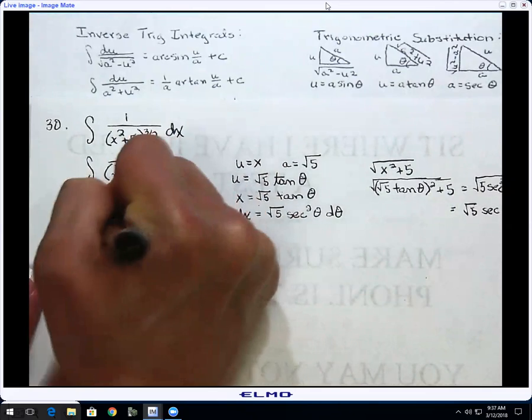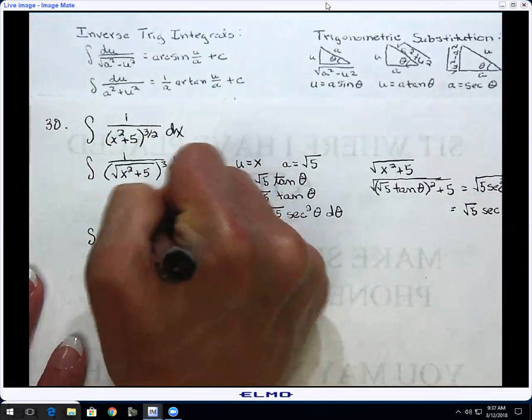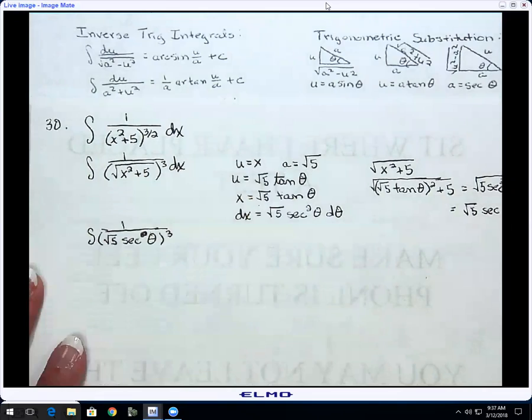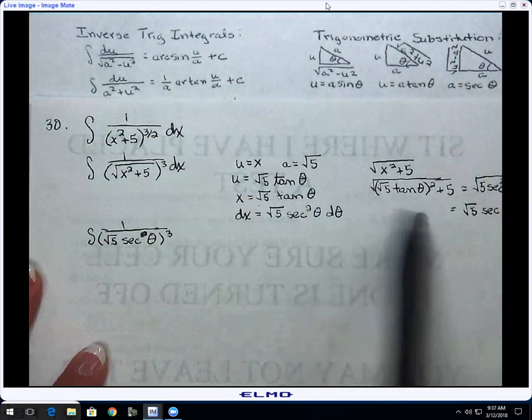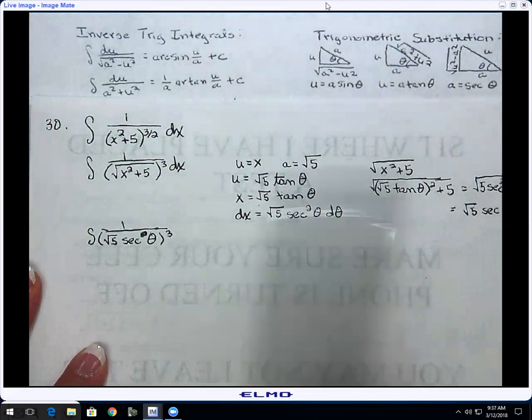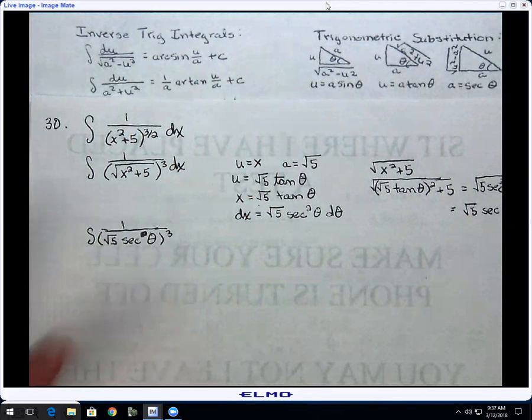I was writing secant squared. That's not right. That radical expression is just square root of 5 secant theta, and it's cubed. And when I wasn't being careful, I would just write down d theta instead of what dx actually is. dx actually is this guy.